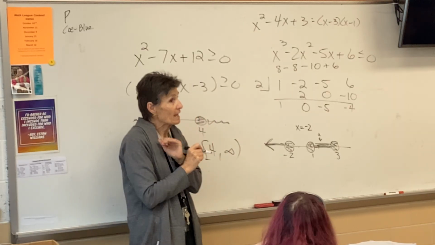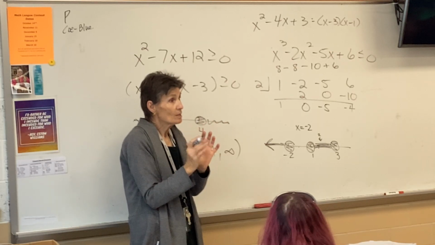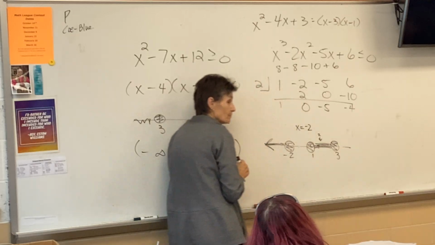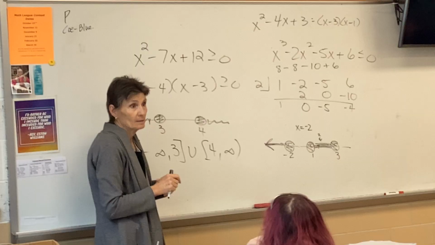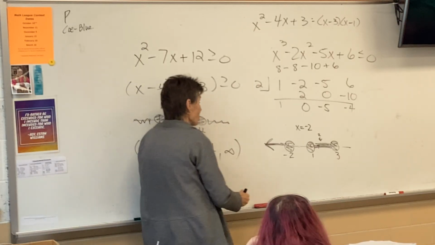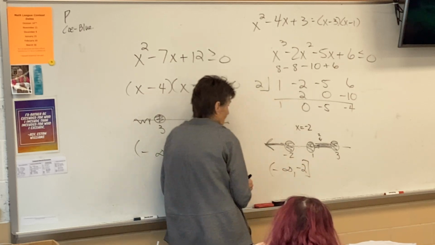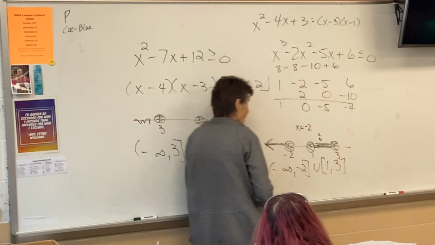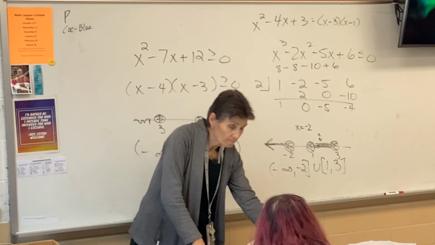Remember, if there's any factor squared, you have to do what we did here with every section. But if no roots repeat, then you can use your shortcut. So what's my answer? Negative infinity to -2, and then 1 to 3. And notice I'm using brackets because those dots were colored in.